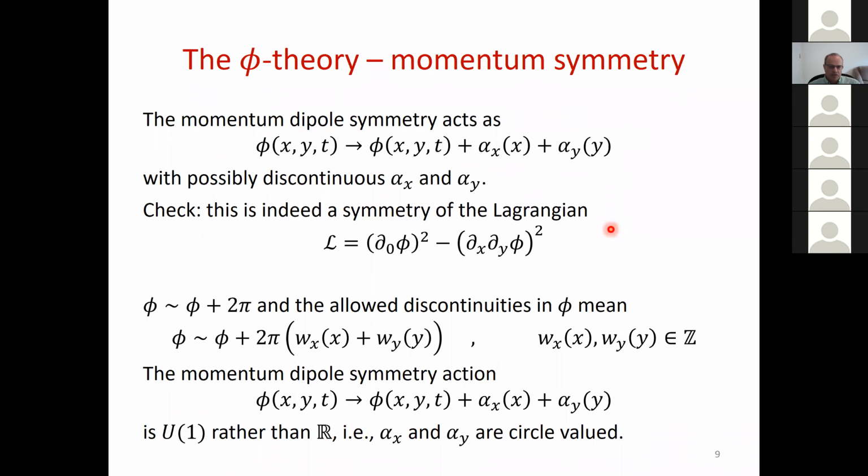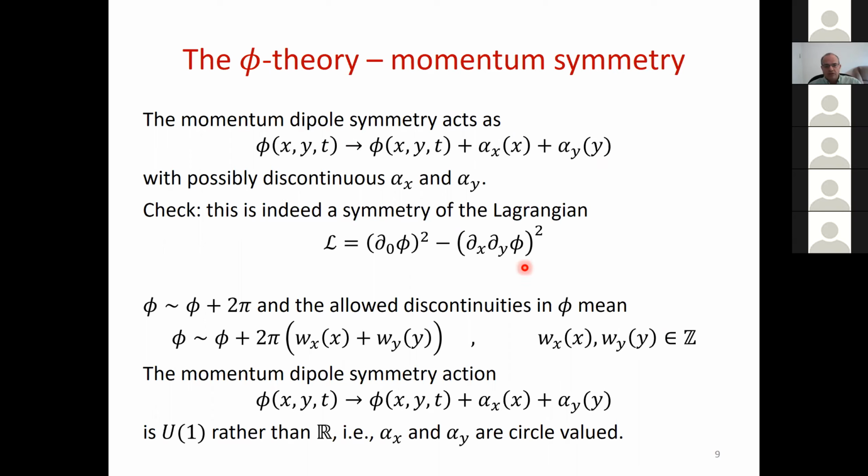Now there's an important subtlety: we said that phi is circle valued. Now, alpha of x, let me step back a little bit. I've said it here, but I would like to emphasize it. Alpha of x and alpha of y, these two functions, can be discontinuous. Normally in field theory, we do not consider discontinuous functions, but this is the first time in this analysis that we see that discontinuous functions raise their head.